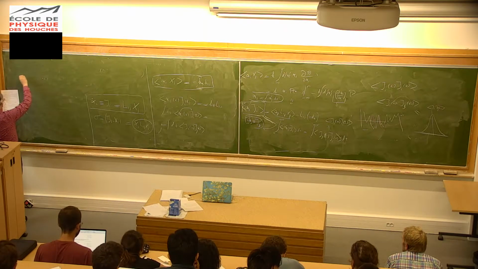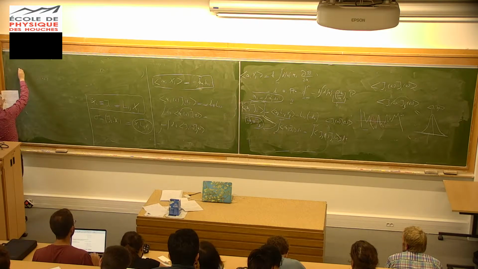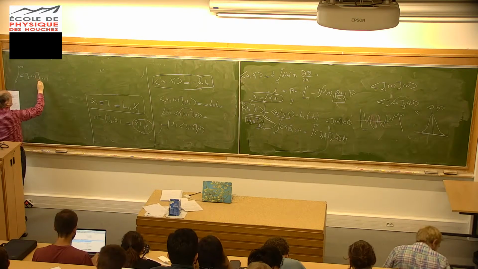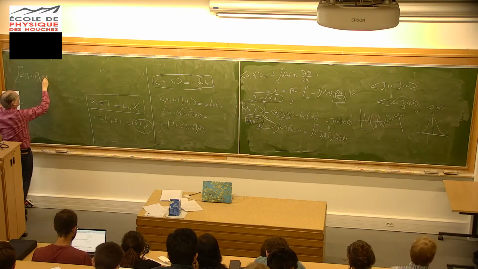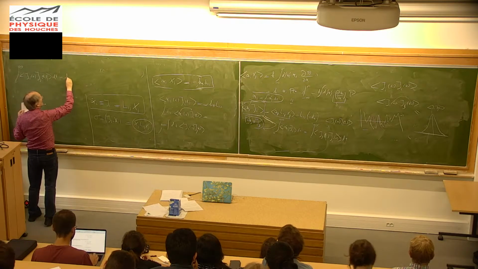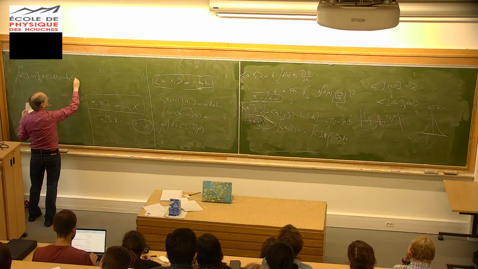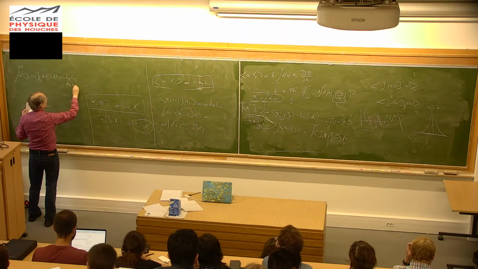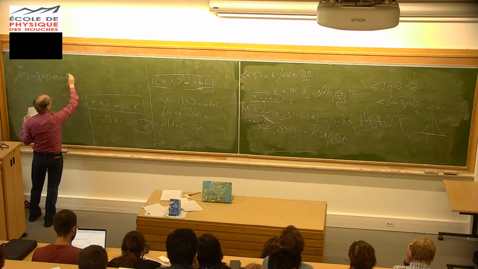We have the expression that the integral from 0 to infinity of ji at 0, jj at t, dt is kB Lij, and that is also equal to kB Lji, unless the things have different time reversal symmetry.